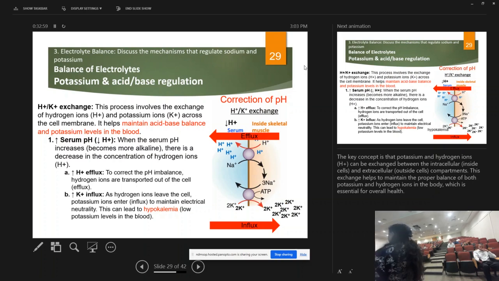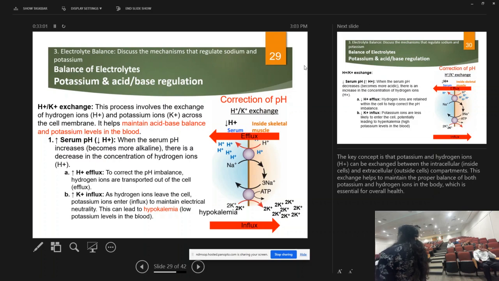Hypo, right? It will cause a hypokalemia because you're trying to correct for pH. The more pH is shifted, the more potassium is going to get dragged in. So you are low in potassium, exactly.